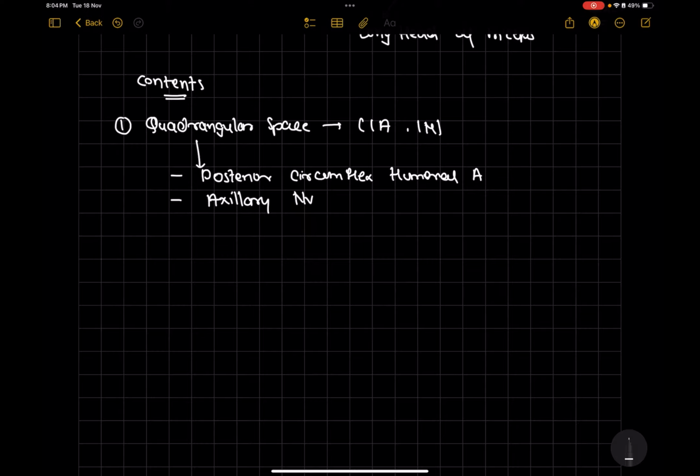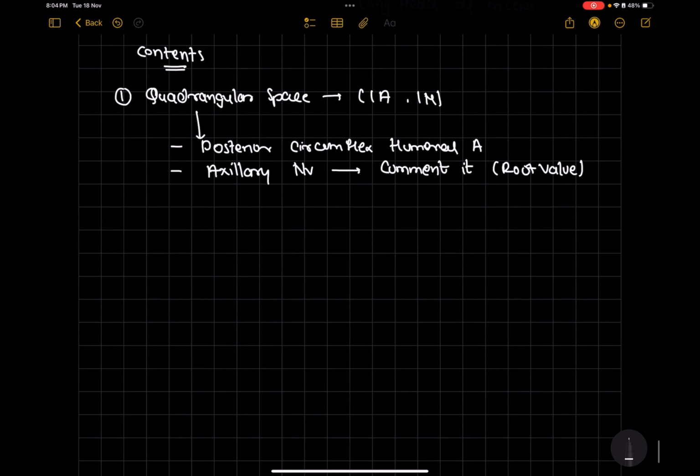So tell me the root values of this particular axillary nerve. This supplies the deltoid muscle. Comment it. Comment what are the root values of axillary nerve. So these two things are the contents of the quadrangular space. As simple as that.